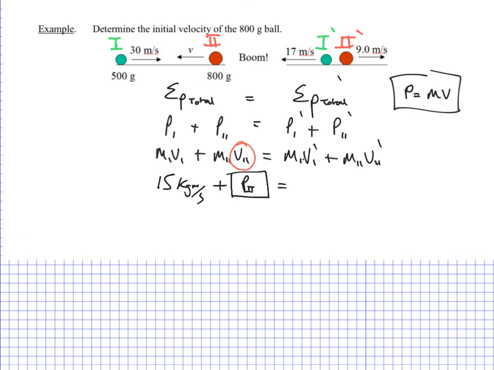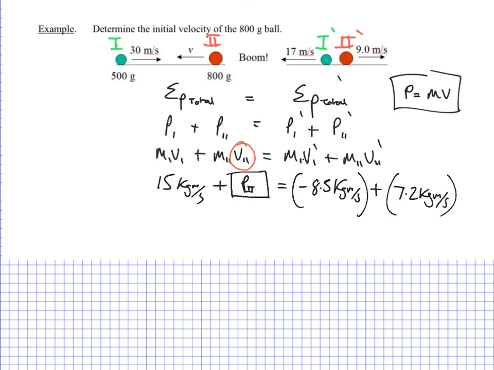And then I've got mass 1 v1 final or prime plus mass 2 v2 prime. So I'm going to put these values in. This is going to be a negative value, so I'll put that in a bracket. Negative 8.5 kilogram meters per second plus a positive, because it's going to the right, 7.2 kilogram meters per second.